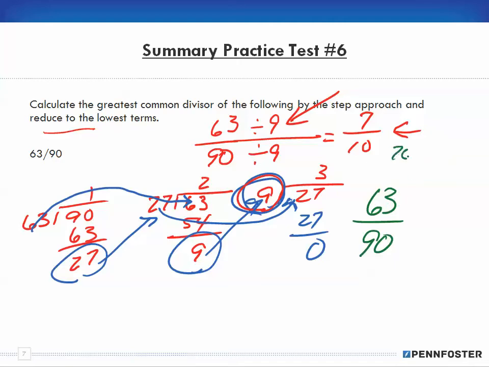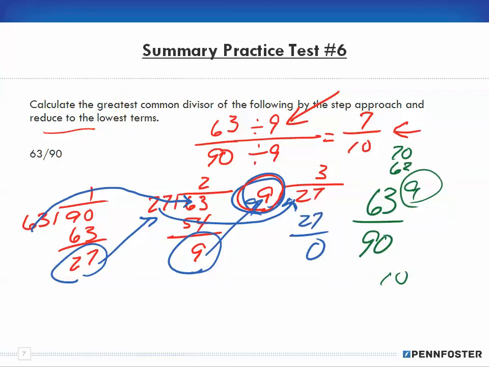If I had 70, I know that 9 is 63. 9 times what gives me 63? 9 times 7 is 63. So I know that I have 9 there, and I know I could divide 9 into 90, which gives me 10.